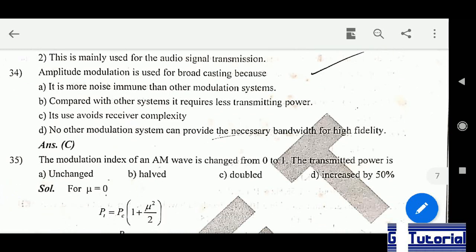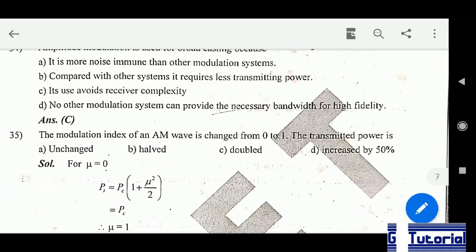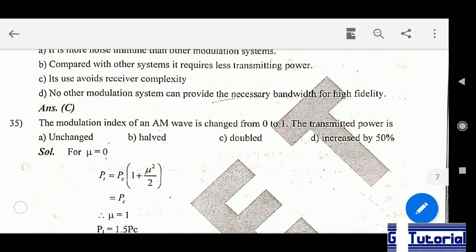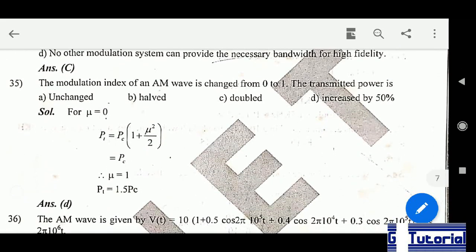Next question. The modulation index of an AM wave is changed from 0 to 1. Then what will be the transmitted power? When the value of mu is equal to 0, PT is PC into 1 plus mu squared by 2. Mu is 0, so PT is equal to PC.